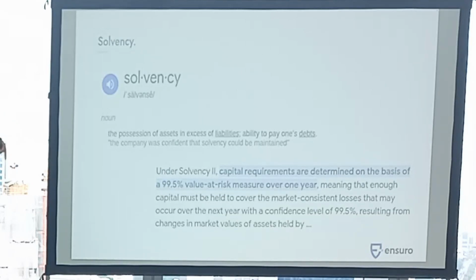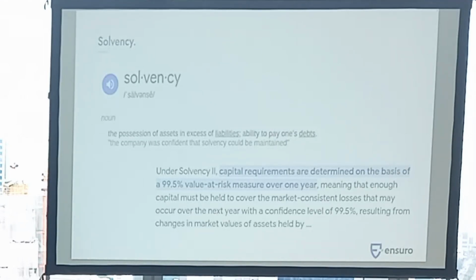For solvency, you need to have more assets than liabilities, but for Solvency II, you need to have capital requirements on the basis of a 99.5% value at risk. That means that 99.5 is a confidence level. It means that you need to be solvent in 99.5% of the scenarios.